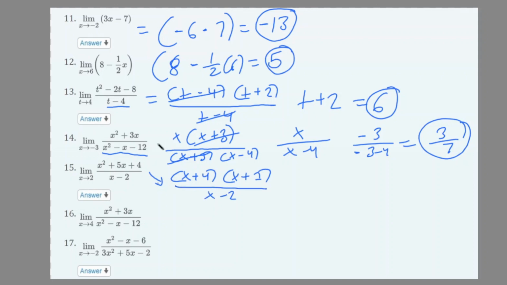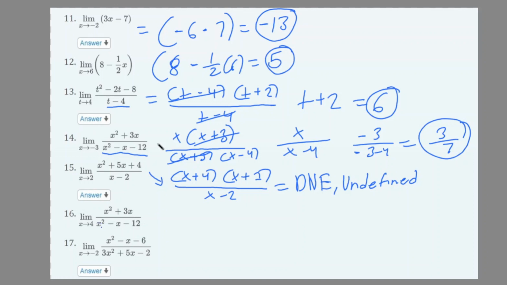Now you can see, even though we factored it, we can't get rid of this x minus 2 on the bottom or do anything about it. So this answer will end up being DNE, or rather undefined, since we can't get rid of the x minus 2 on the bottom, it just gives us a denominator of 0.